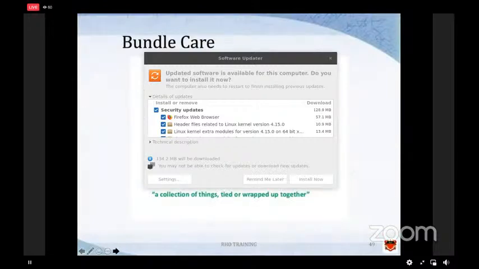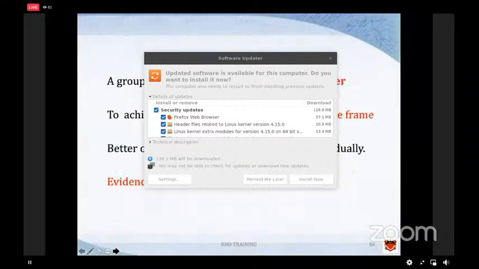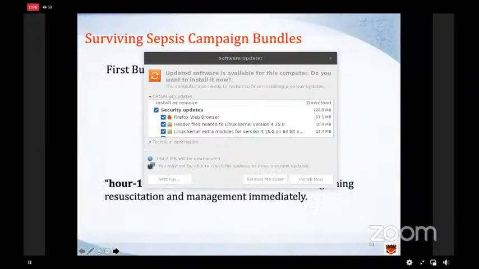So the resuscitation, we call it a resuscitation bundle or sepsis bundle. So what is a bundle? Bundle is a group of interventions. We implement them together within a specific time frame. Right. So what is the specific time frame here?